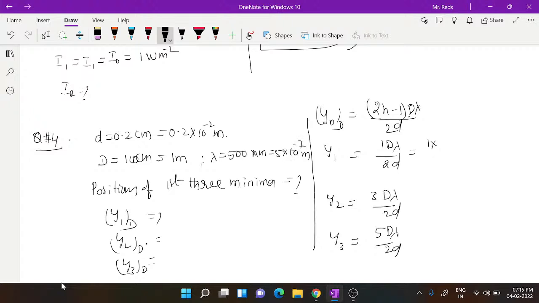So 1 into 5 into 10 to the power minus 7 by 2 into small d, which is 0.2 into 10 to the power minus 2, or 2 into 10 to the power minus 3. 5 by 2 is equal to 2.5 into 10 to the power minus 4 meters, or 0.25 millimeters.